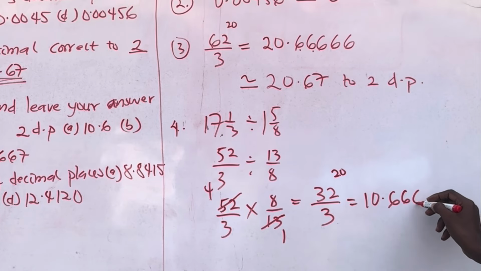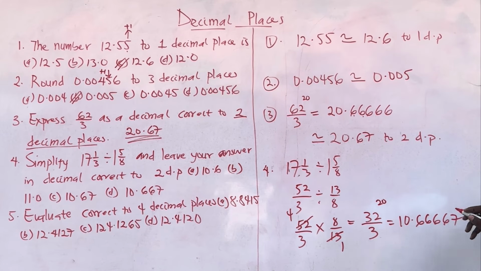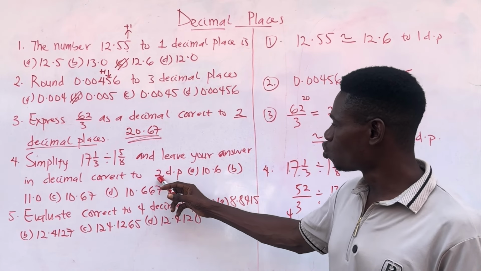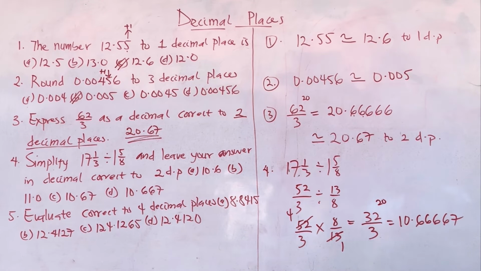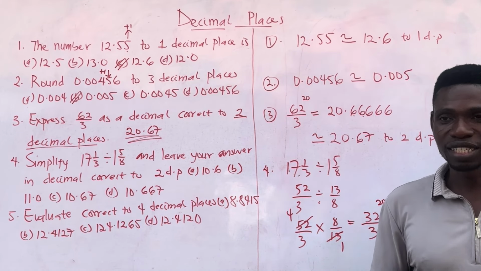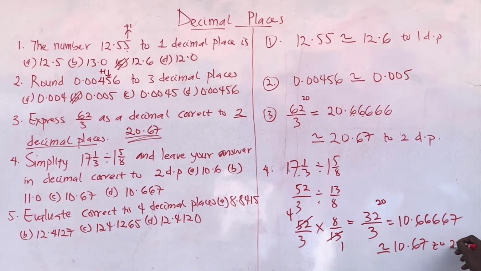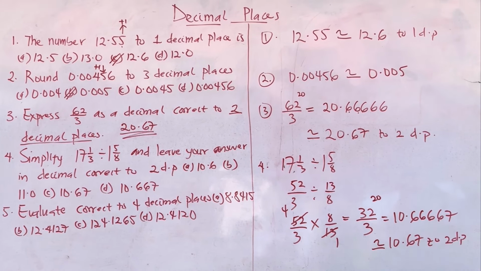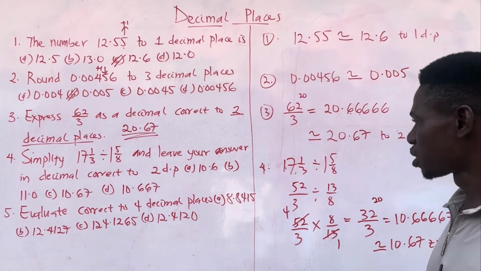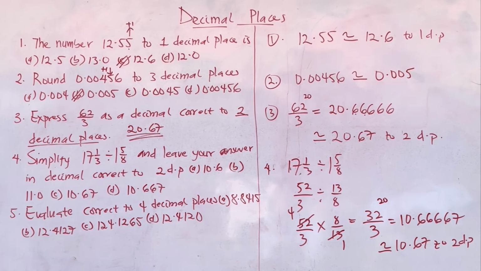Again, 6, 6, 6. It keeps going. Now, our question says correct to 2 decimal places, so we just need 2 digits after the decimal point. So this becomes 10.67 to 2 decimal places. So 10.67 is our correct answer, and that will be option C.